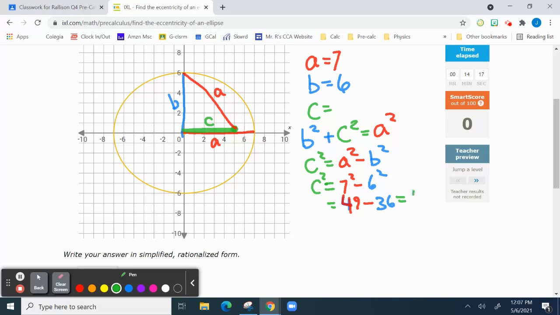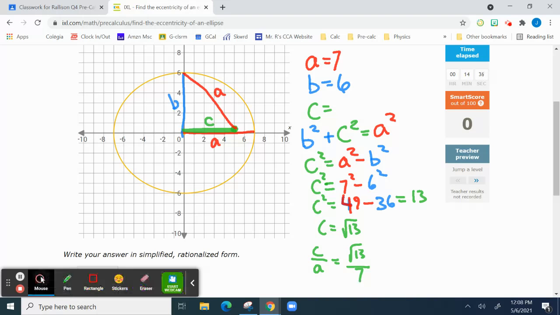Looks like 13, doesn't it? So C squared equals 13. So C equals the square root of 13. So C over A equals the square root of 13 over 7. And that's our eccentricity. And let's see if I got it right, shall we?